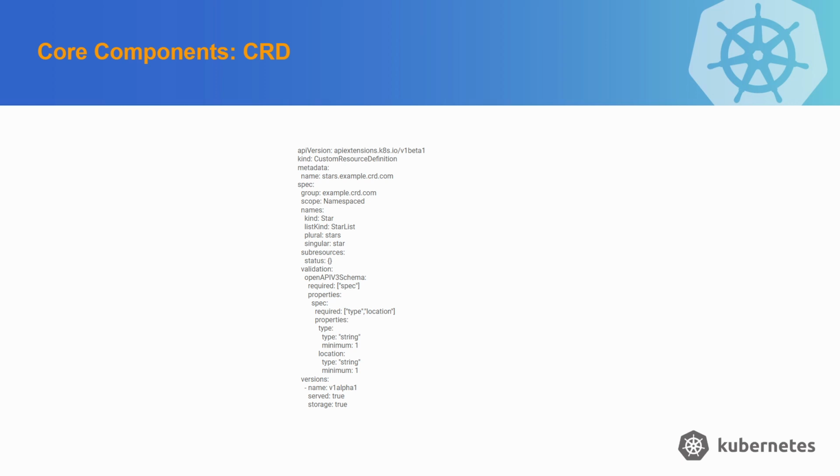The stars have a specification with two required fields, the type and location, and also what type of code it should have. Basically, by using custom resource definitions, we are becoming YAML engineers. This is just some basics. The real custom resource definitions are really pretty long.